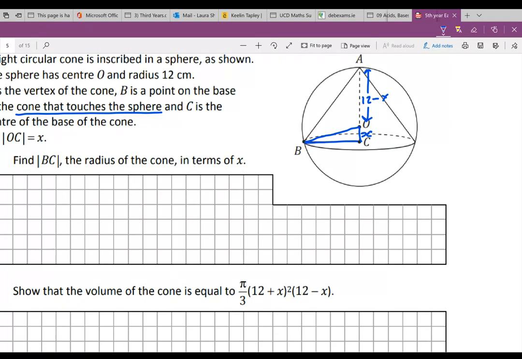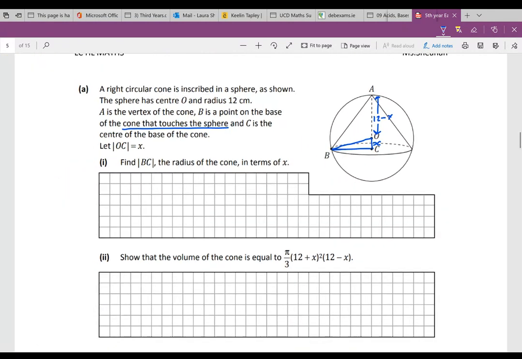So, in this right angled triangle, I have X, I have BC, which is what I'm looking for, and I actually have 12, because O to B is the radius, which is 12, because it's center out to the point on the circle, and I can use Pythagoras' theorem.